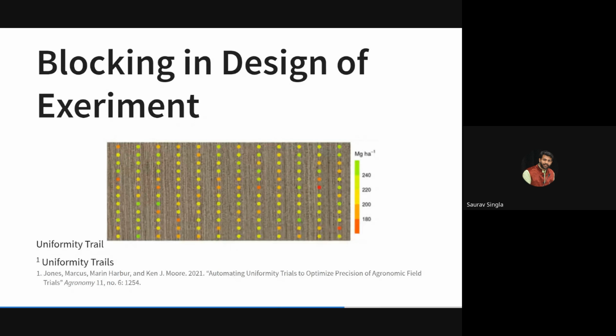What is a uniformity trial? In a large field, we will plant a single crop, and we do not give any treatment in this field. Throughout the field, we put up the same crop, same variety, everything is same.